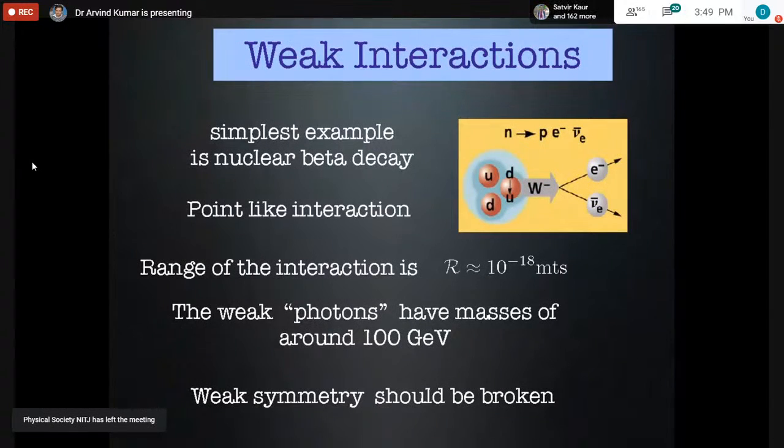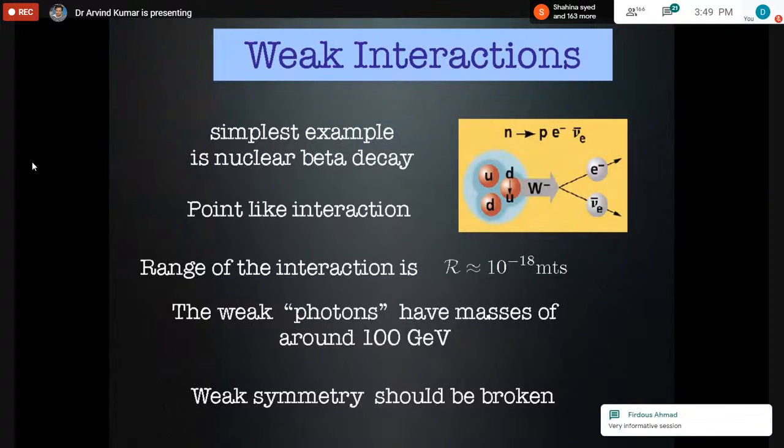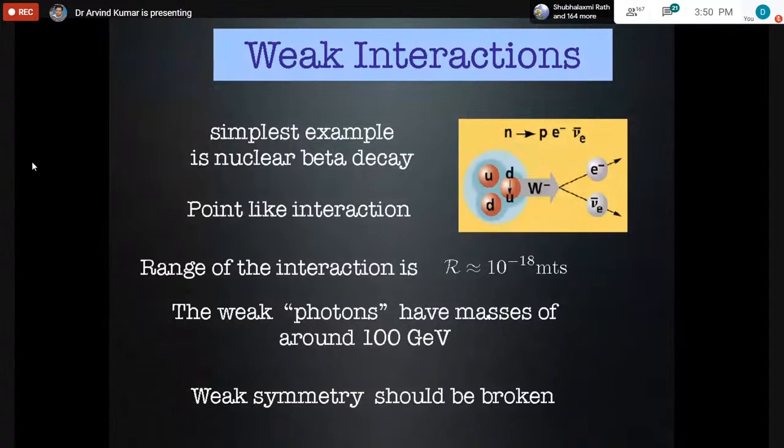As we have seen, the range of weak interaction is extremely small. I told you that the range is finite, it's not infinity. So these weak force carriers should have masses. And if you compute from the Compton wavelength, it turns out to be around 100 GeV. Now, the moment these particles have masses, the actual symmetry should be broken.